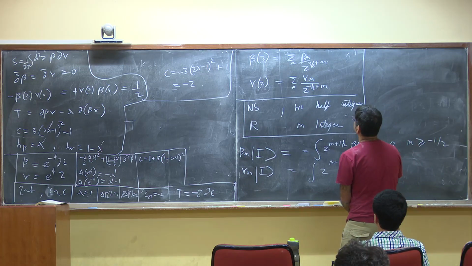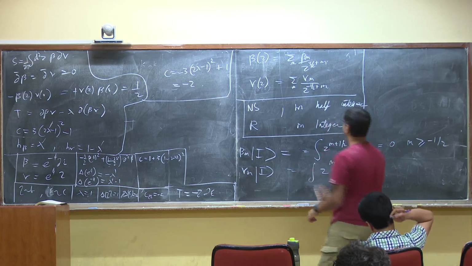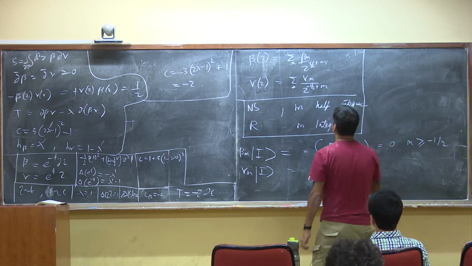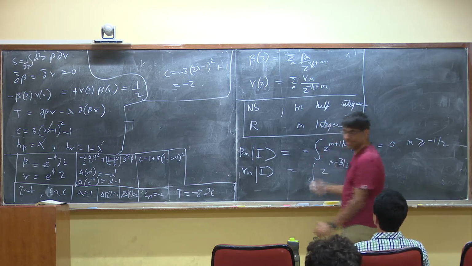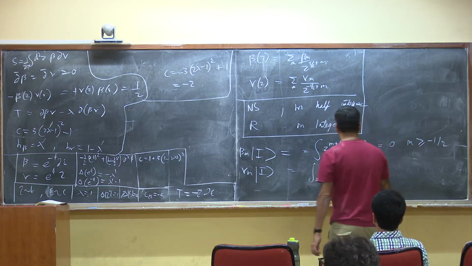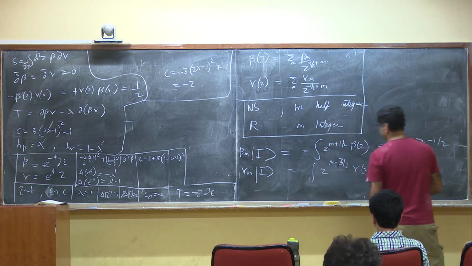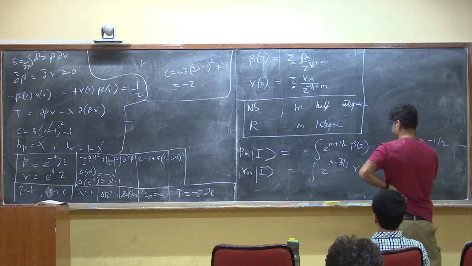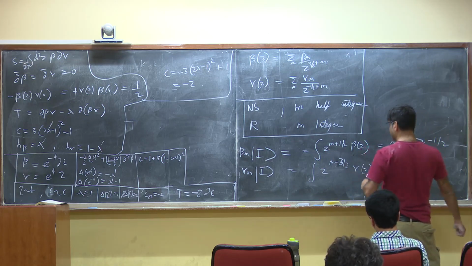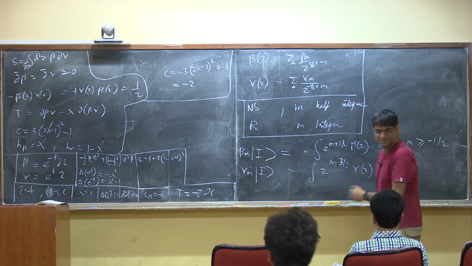Did I mess up? You're right. It should be m plus half, plus minus 3 halves, please. Minus 3 halves. Thank you. Yes, you're right, gamma of z. And that is equal to 0. Now when is that equal to 0? When m is 3 halves or larger.